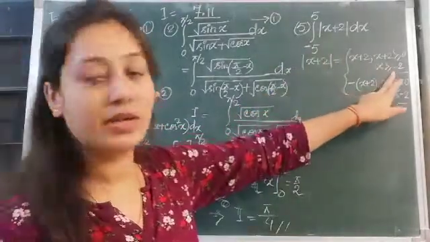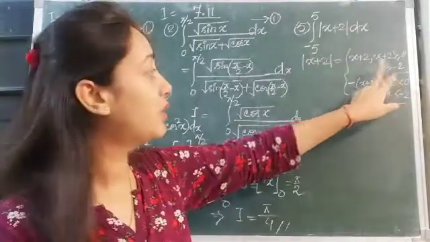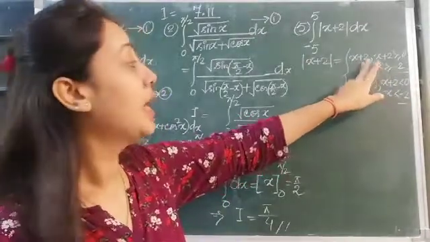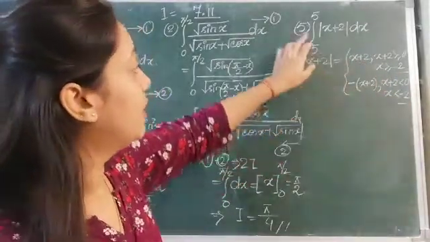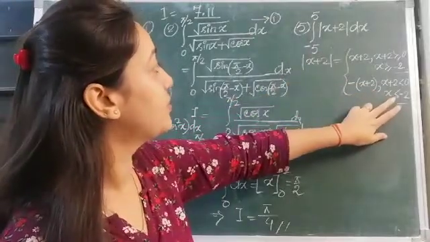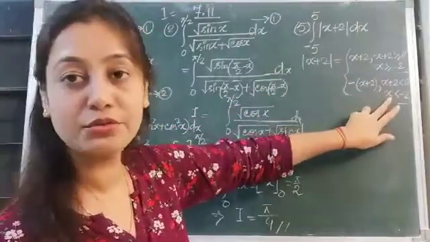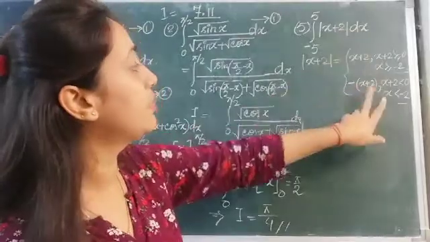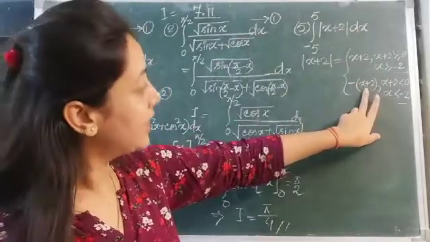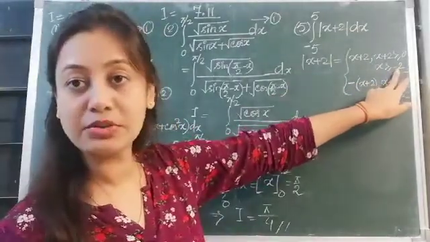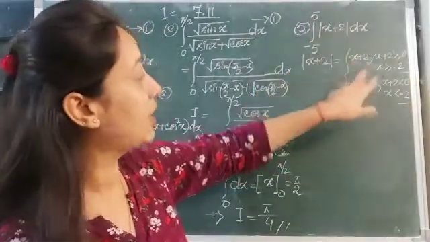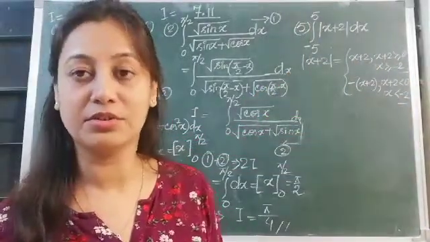So minus 5 to minus 2, you'll get one case where the value of the function will be this, and next will be, this is less than minus 2, right? So minus 5 to minus 2, here the value of the function will be minus of x plus 2, and next comes greater than minus 2, right? So minus 2 to 5, for that the value of the function will be this, okay?